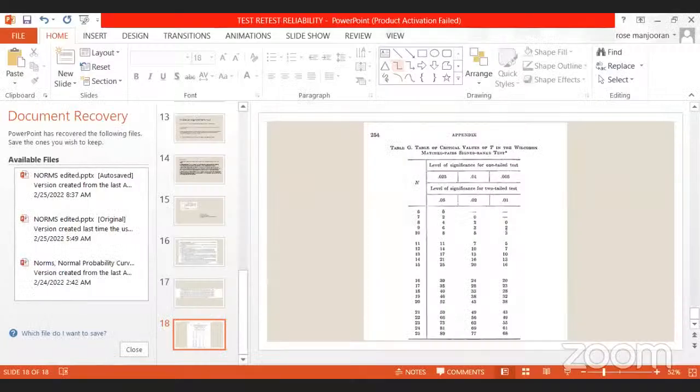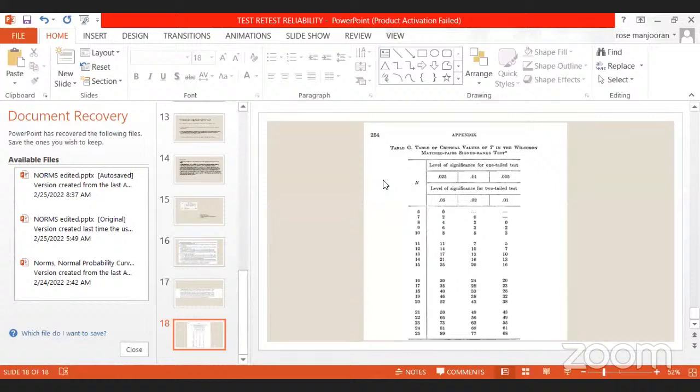Now Anushree will be showing you the calculations of Wilcoxon. Yes, I want to tell everyone, please take a screenshot of this last appendix table. Aruz, can you share? Yeah, I'm sharing. Everyone, please take a screenshot of this table.